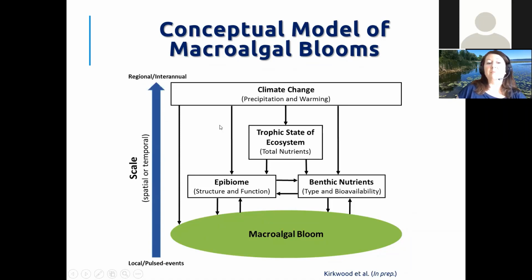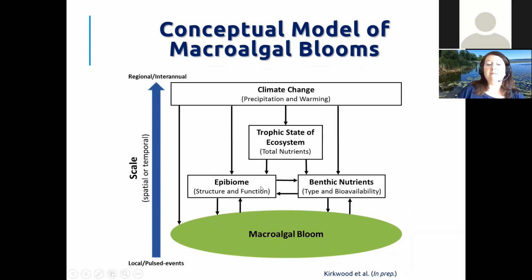space and time. But really, it's important to acknowledge that climate change is important in driving nutrient loadings into lakes, for example. Warming temperatures will absolutely influence growth rates of different algae, macroalgae that perhaps benefit from increasing temperatures. Then as you go down to the lake ecosystem scale, the trophic state of the ecosystem is going to be important, so there are going to be oligotrophic lakes versus meso to eutrophic lakes.